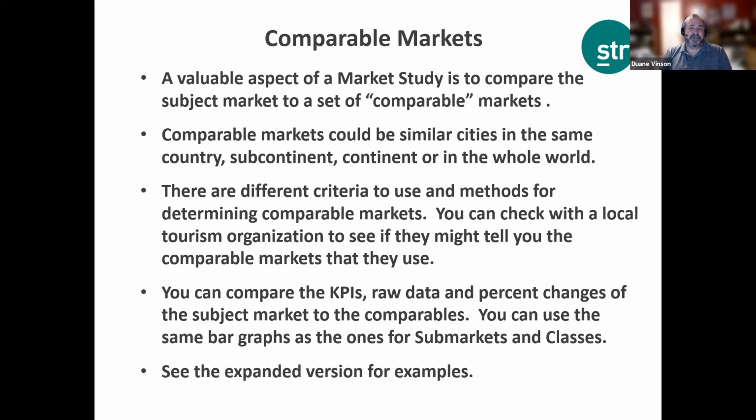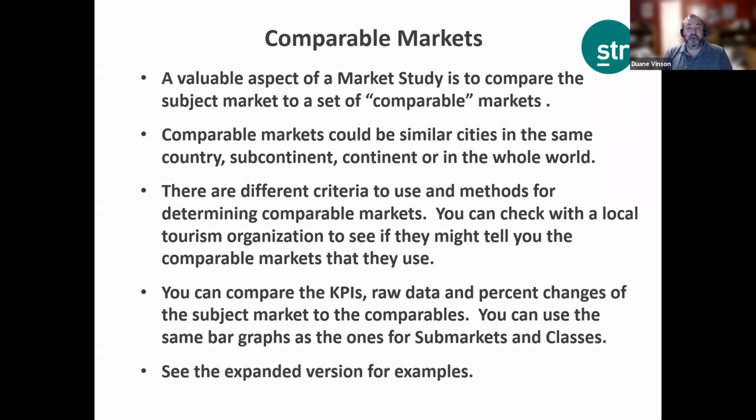If you're doing yours on London and you want to select other capital cities, gateway large markets in Europe as your comparison, that's fine. If you want to use New York, Dubai, and Hong Kong as your comparable markets for this, I'll be okay with that as well. You should have a way of explaining how you selected those markets, though, why they were chosen.